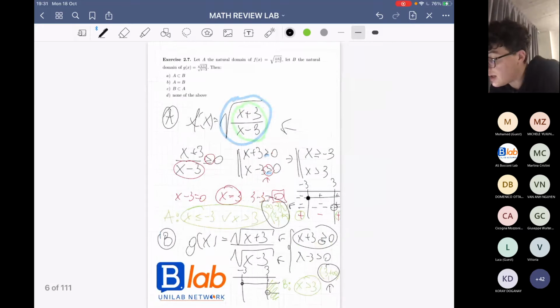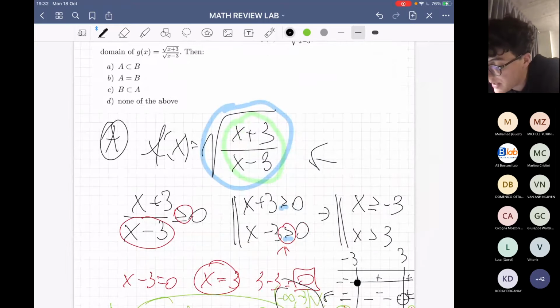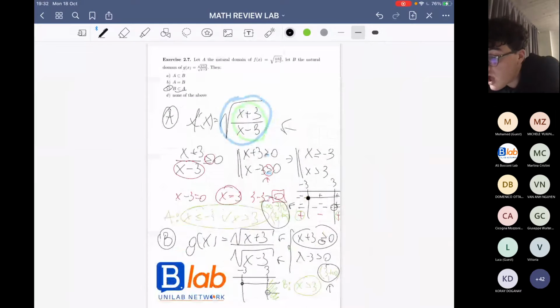So the only answer that can be left is that B is included in A. So B is a subset of A.